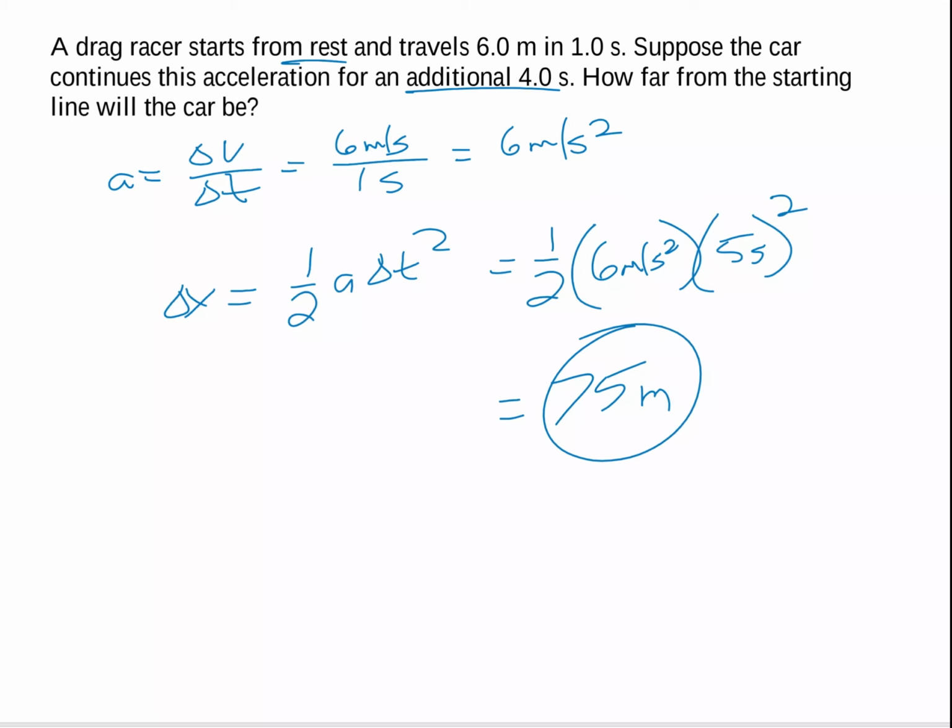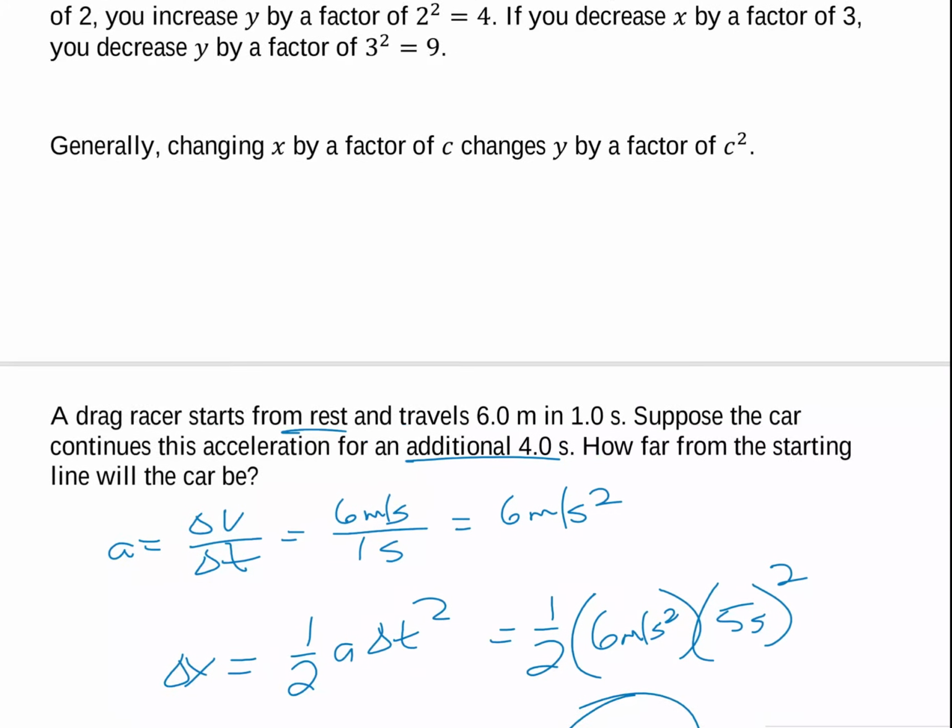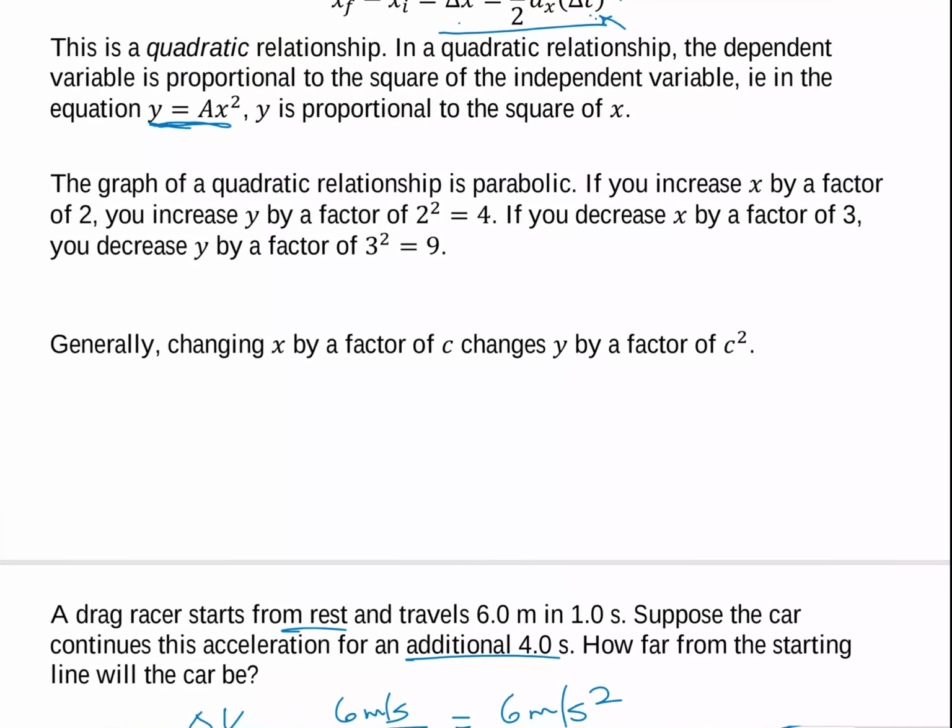15 meters off is kind of a big deal. That's quite the distance. All right, so ideally we're using this concept: generally, changing the independent variable by a factor of c changes the dependent variable by a factor of c squared.